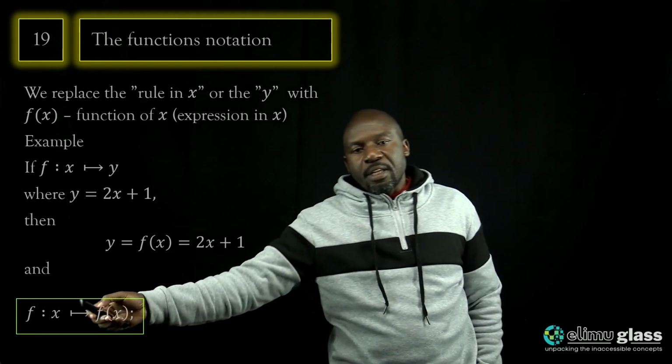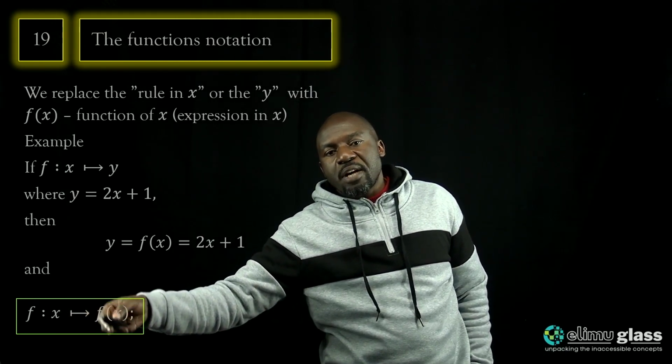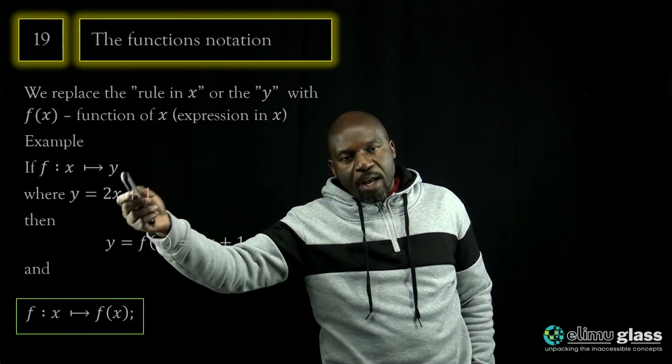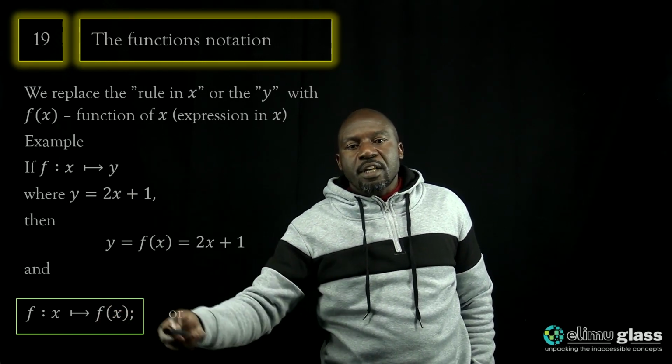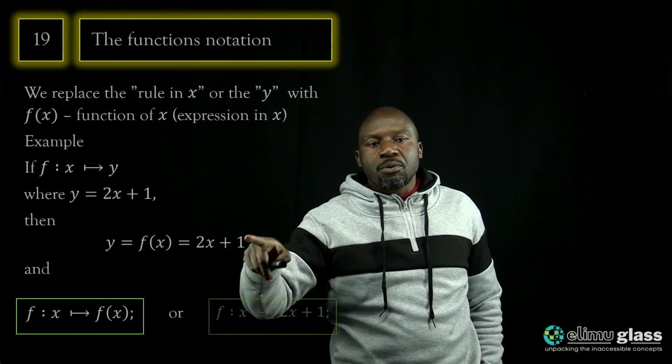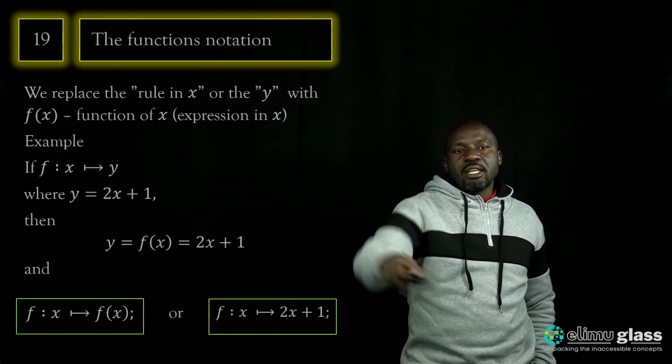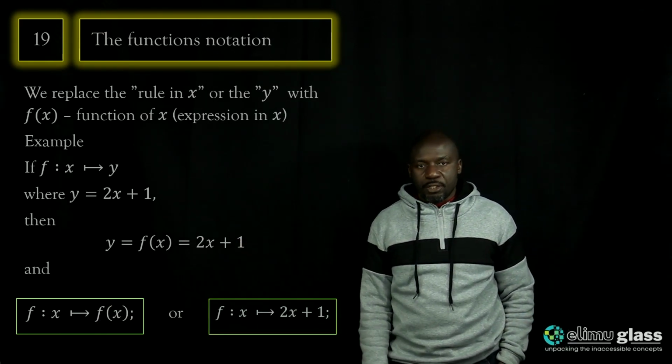We write f is such that x maps onto f of x, which is y, by the way, or we can say f is such that x maps onto this, okay? And this is the function relation.